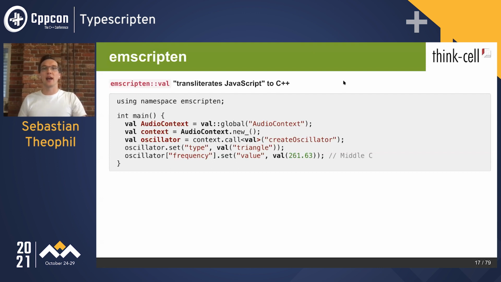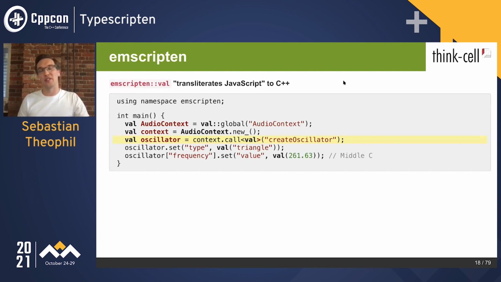Well, that API has one big problem that you see here. We are calling a method, a JavaScript method, where we are supplying the method name as a string. Then we have to compile that code because it's C++ after all. But that compilation step does not give us any type safety. That string will be passed to JavaScript and then it will be interpreted. Hopefully that method actually exists. We didn't make a typo.